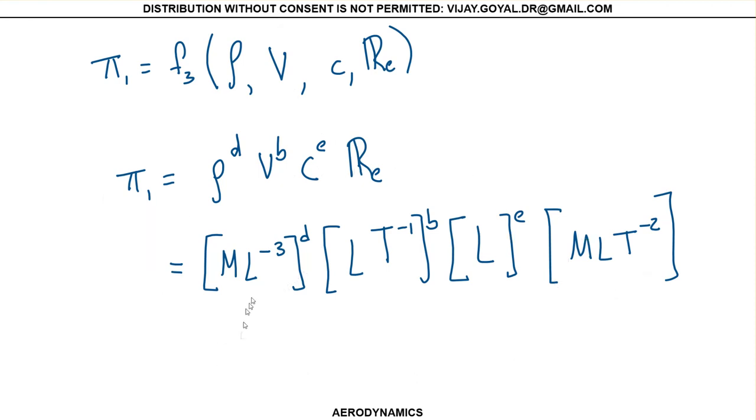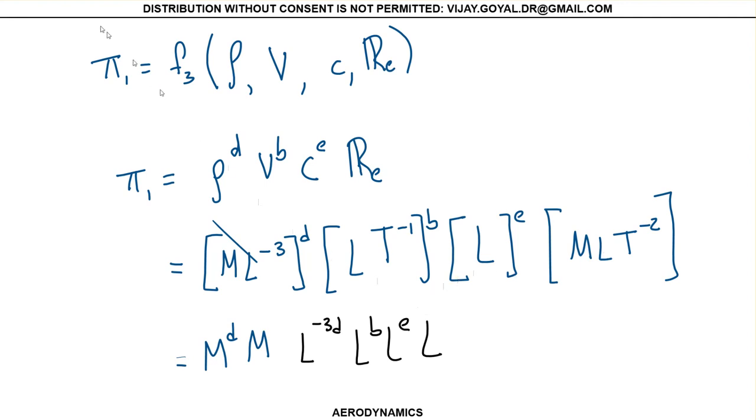Okay, so if we were going to do this, that means that what we are saying is that m to the d, m here, and then I have, let me change the colors, L to the minus 3d, L to the b, L to the e, L, that's here, and then I have time.